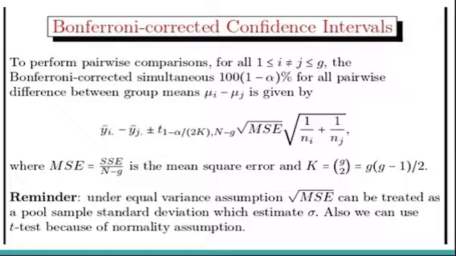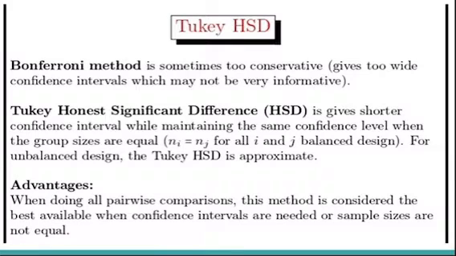Now take a look at this, and don't forget the MSE, the mean square error. You can get it from the ANOVA result, which is basically the mean square within. Don't forget that. Now, I just talked about Tukey, and the difference between Tukey and Bonferroni. Let me tell you, in statistical analysis, these two comparison methods are very, very popular.